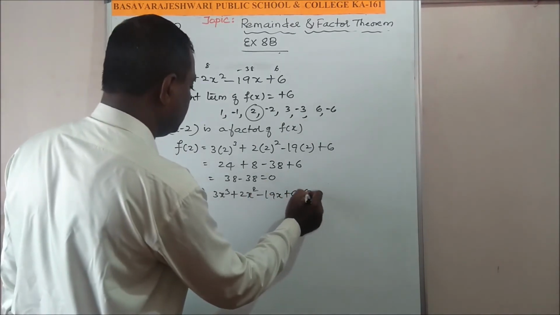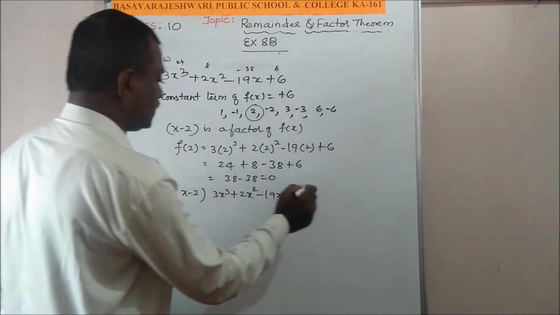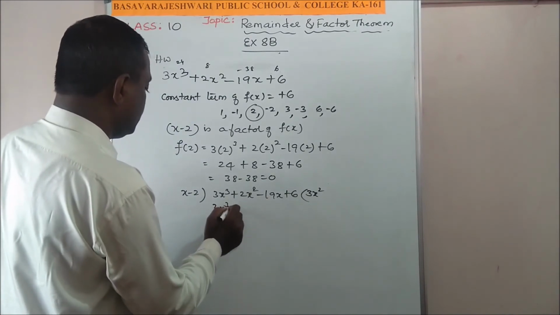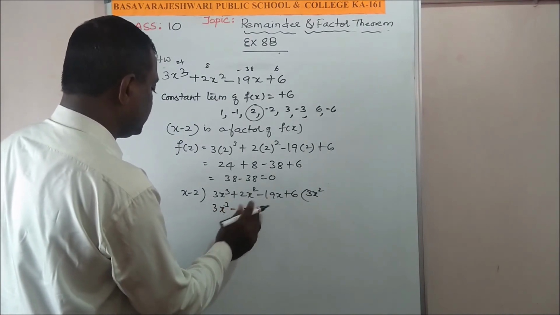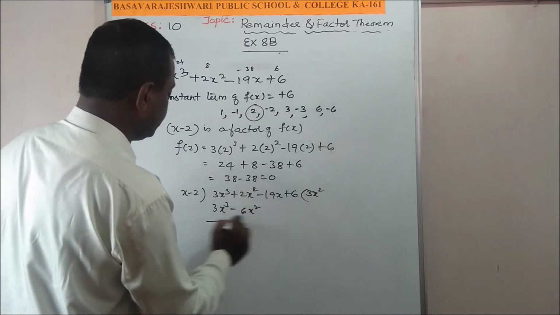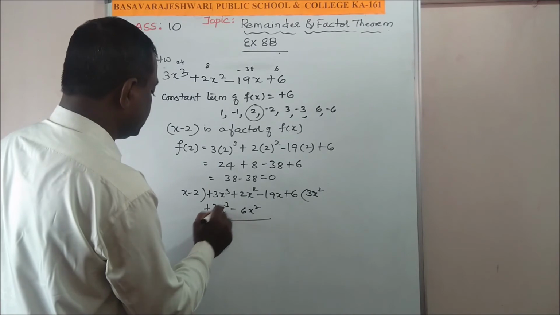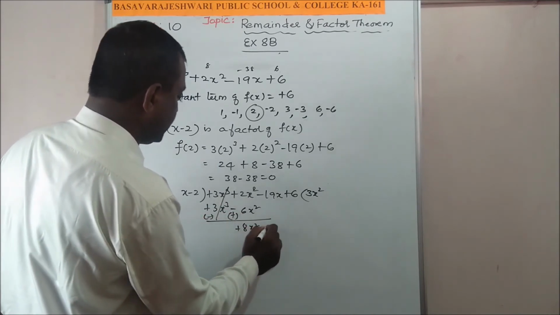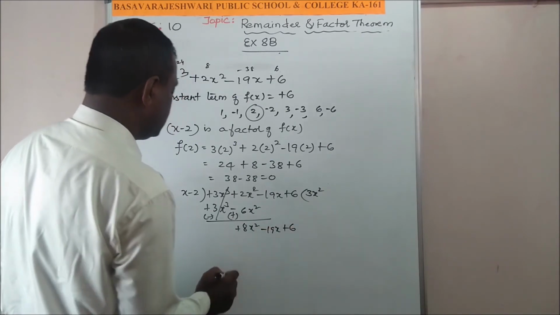Here 3x cube, here x square, so that becomes 3x cube minus 2x, 3 twos are 6x square. Plus minus cancel, so plus 8x square minus 19x plus 6.